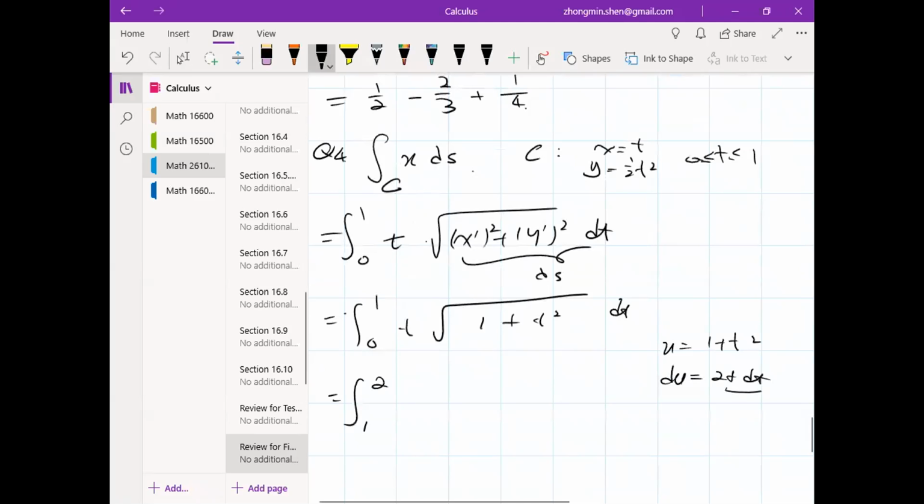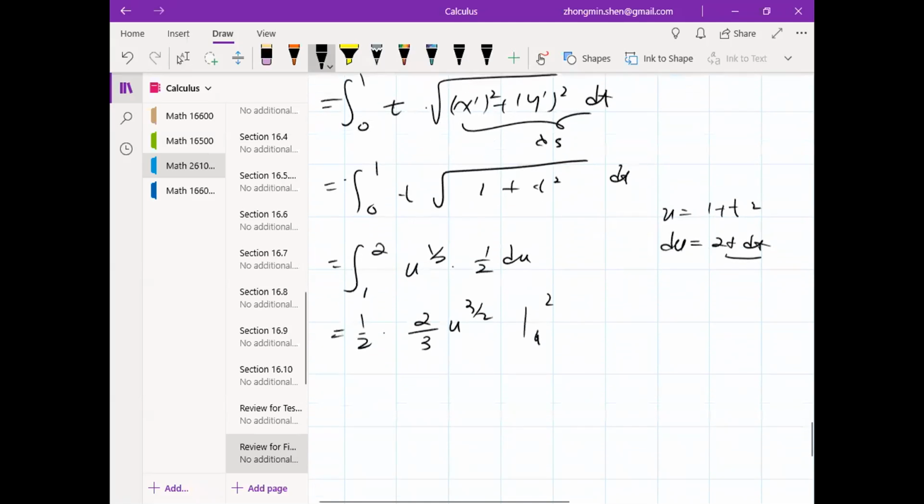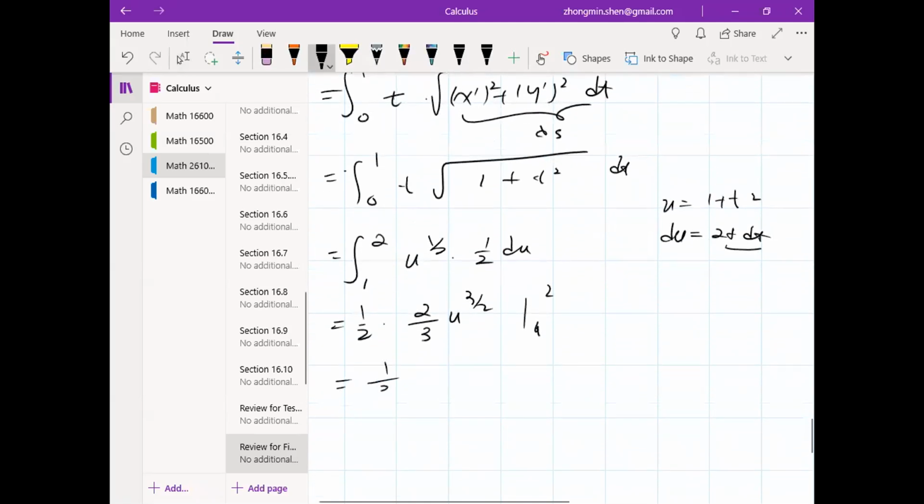So this will be u to the 1/2. T times dt is half of du. The entire derivative of this will be 2/3 u to the 3/2. Evaluate at the two endpoints, that is going to be 1/3 times 2 to the 3/2 minus 1. You cannot simplify it further.